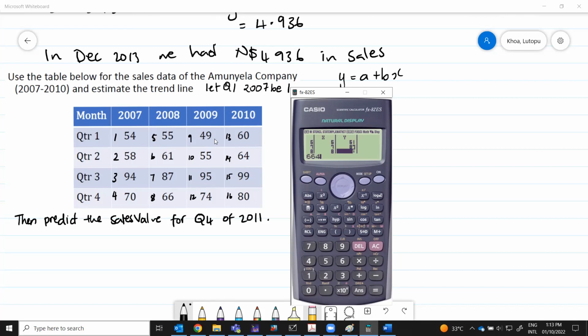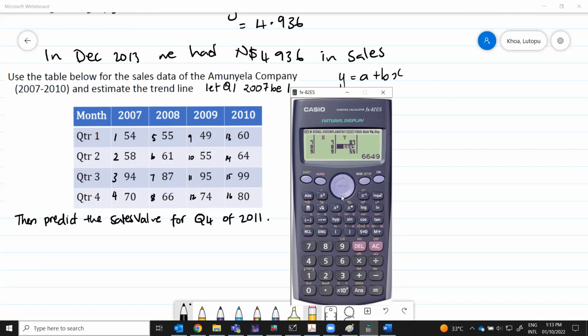Then I have 49, 55. Sorry, didn't enter that correctly. Just go up. So at number 8, see, so number 7, I have 87. Then number 8, I should have 66.